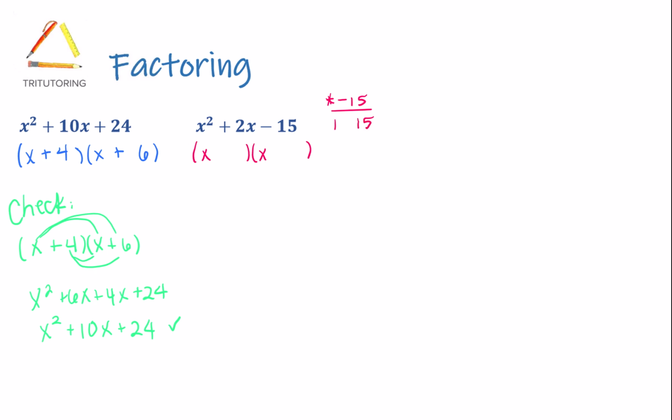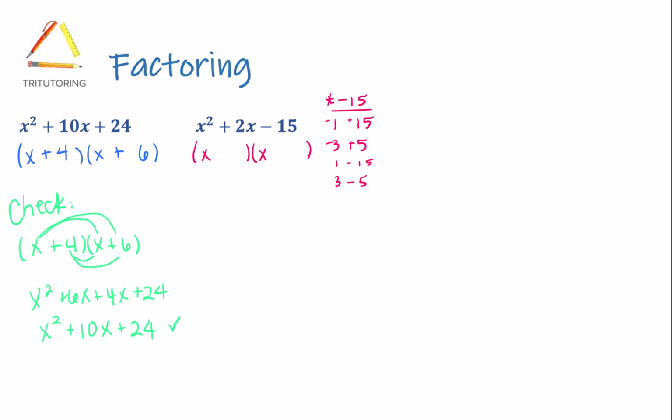Things that multiply to make 15 are 1 and 15 and 3 and 5. Because it's a negative 15, I actually have two combinations for each of these. I could have a negative 1, positive 15, negative 3, positive 5, or positive 1, negative 15, positive 3, negative 5.